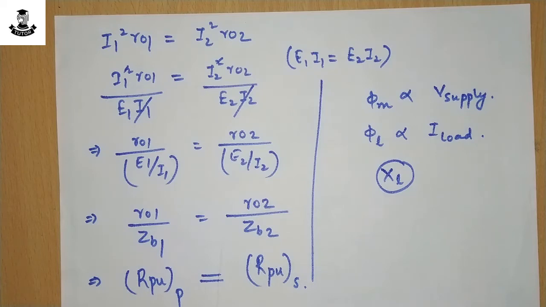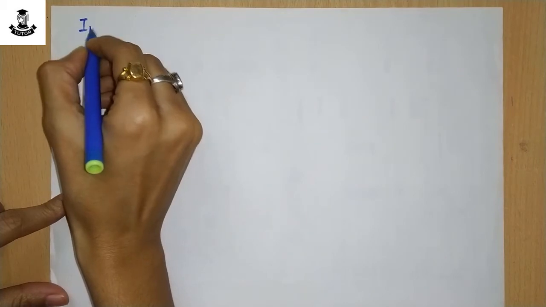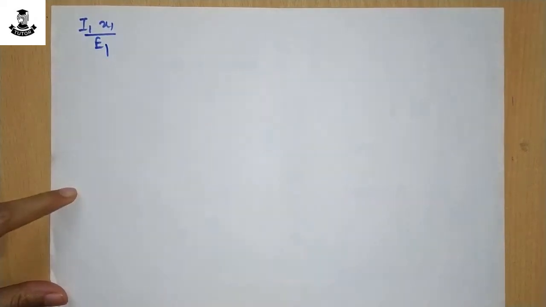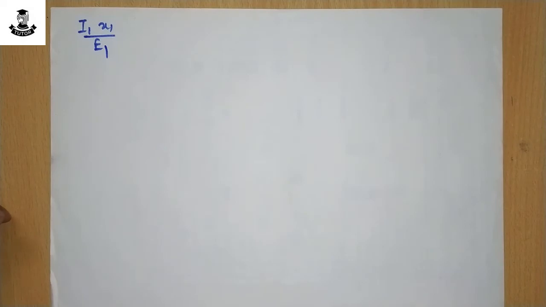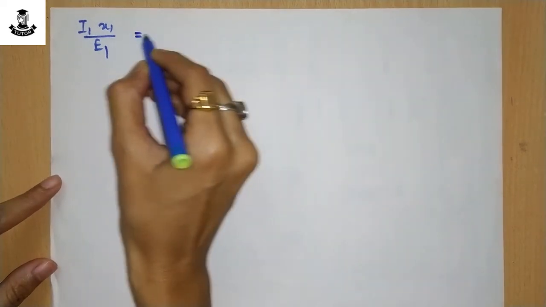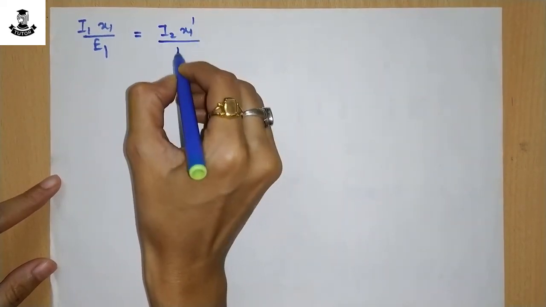Now, to transfer primary leakage reactance to secondary or secondary leakage reactance to primary, per unit leakage reactance drop must be maintained. If primary leakage reactance is transferred to secondary, then per unit voltage drop remains the same. So, per unit voltage drop due to primary leakage reactance is I1 X1 upon E1, and per unit voltage drop of primary leakage reactance when referred to secondary is I2 X1 dash upon E2.